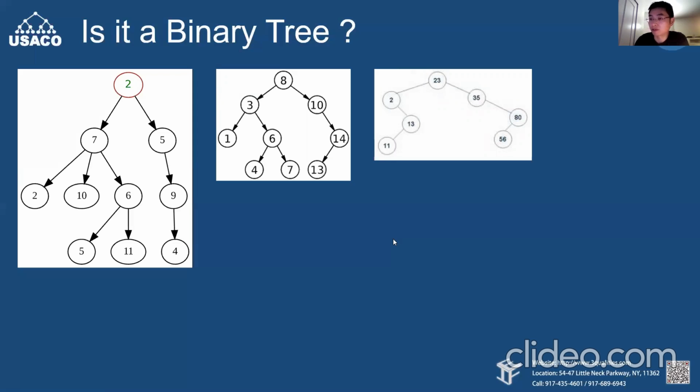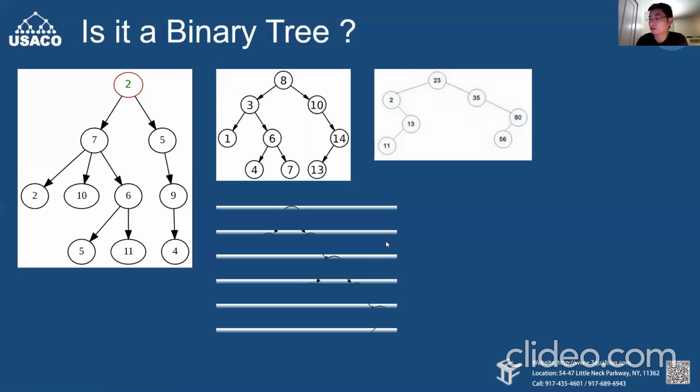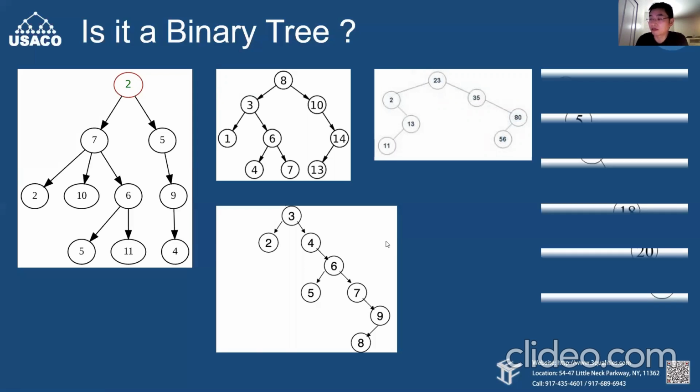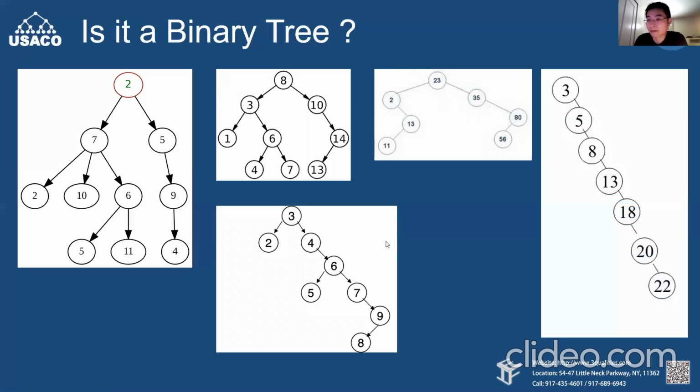So this tree meets the requirements. Aston, is it a binary tree? Yes. What about this one, Aston? Yes. Okay, you guys understand the concept, right? Every node has at most 2 child nodes. So look at the last one.